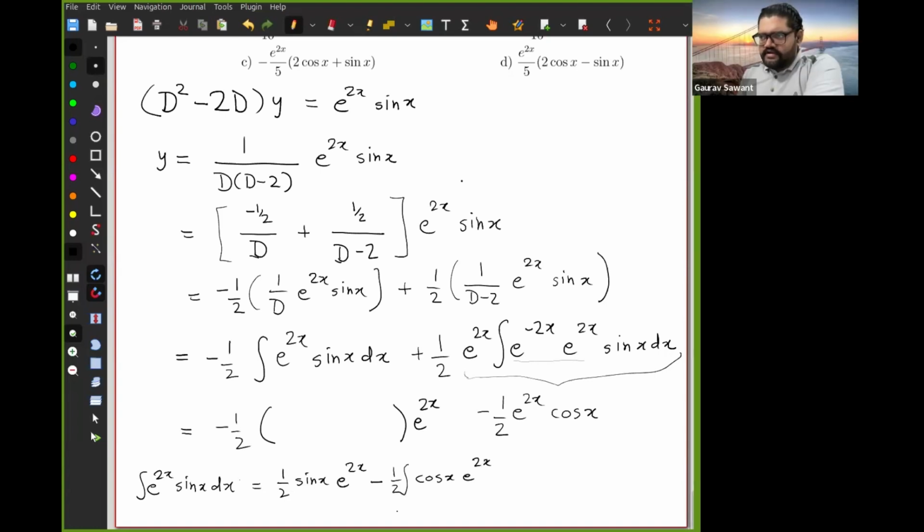So for the integral of e power 2x sin x dx, the first term is half sin x e power 2x, minus the integral of cos x e power 2x by 2 dx. So that half is still there, right? Now do the same thing for cos, what do you get?